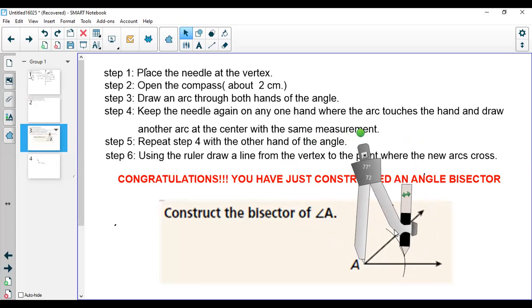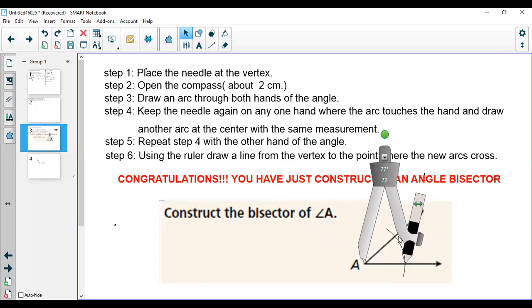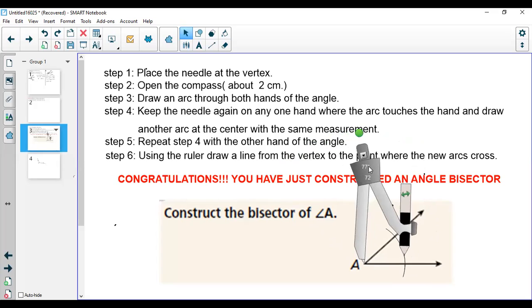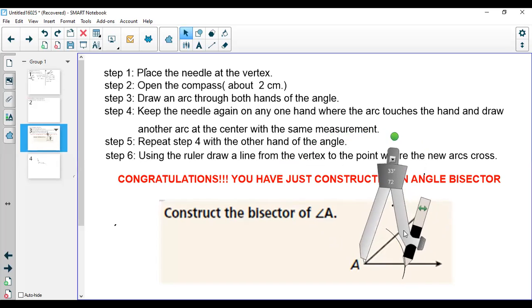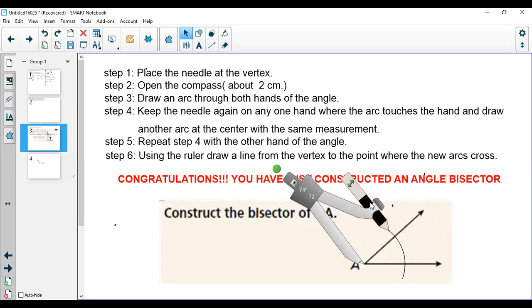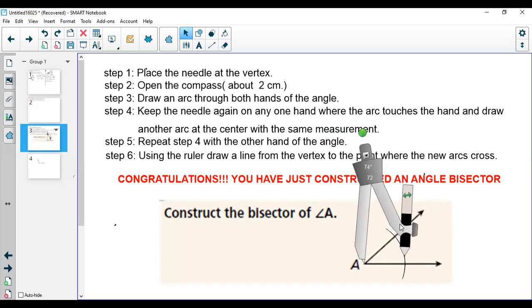Now I am moving it through here because I need to move it. You have to hold it from here and then move it. So once you have done drawing the arc like that, cutting both the hands of the angle with the same distance, don't change the length of the compass.